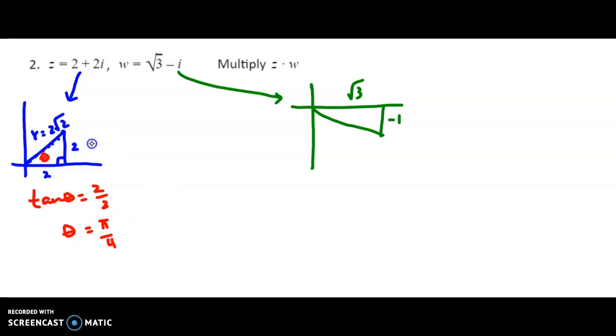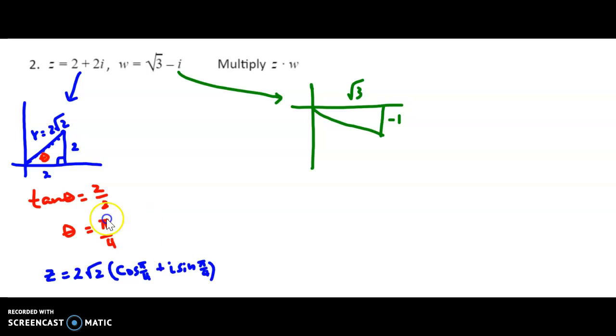So therefore, this complex number in polar form is actually z is equal to 2 root 2, that's my r, and then my cis, cosine of pi fourths plus i sine of pi fourths.